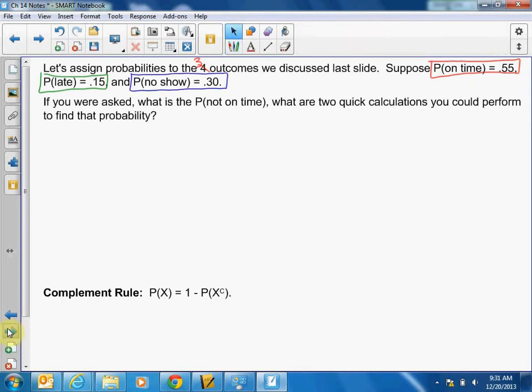If you are asked what is the probability that I'm not on time, there are two different calculations you can use to find that probability.